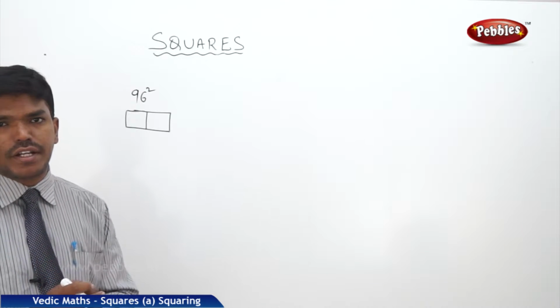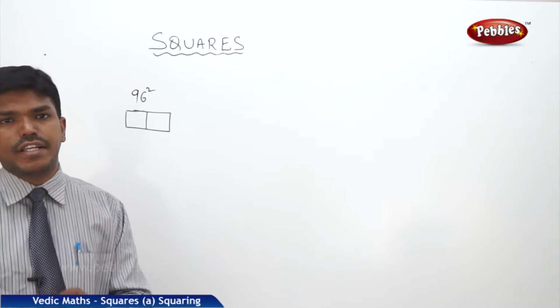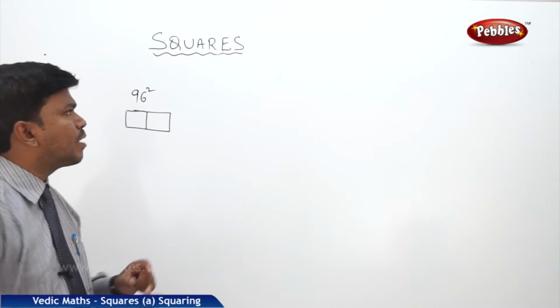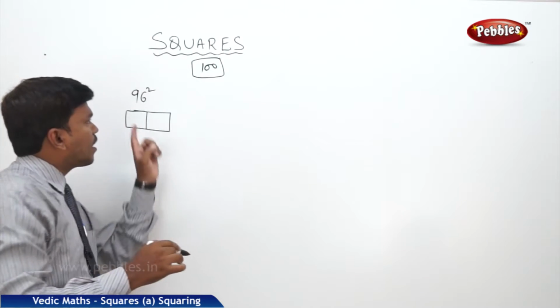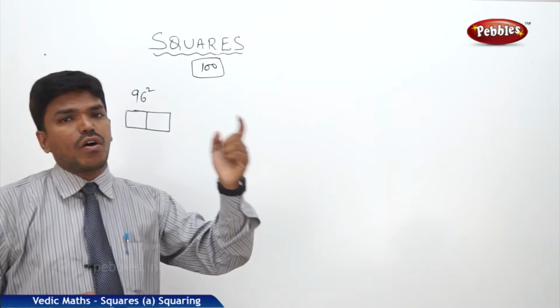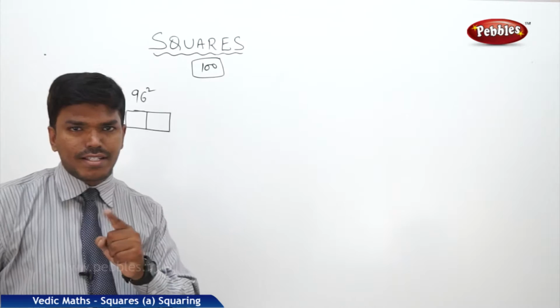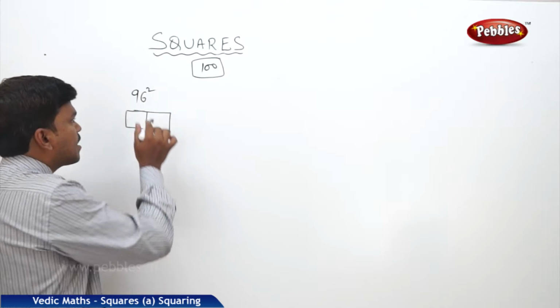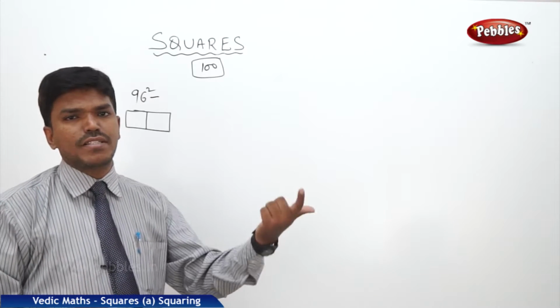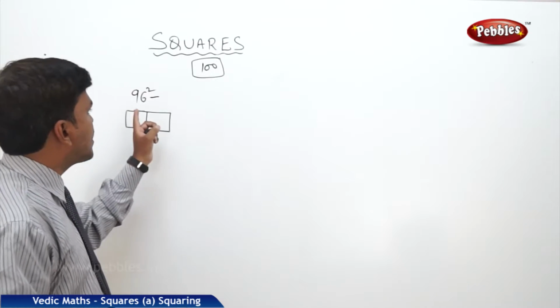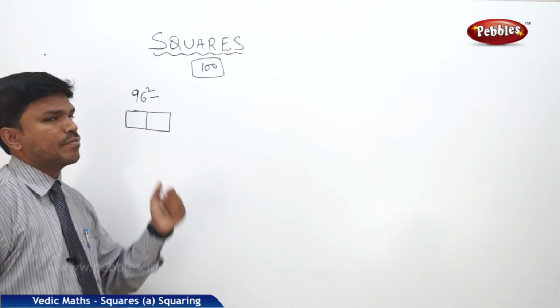Take the help of the base 100 here. Now you tell me, if I take the help of the base 100 here, 96, is it more than the 100 or less than the 100? Less than the 100. Yes, if it is less, put a minus symbol here. If it is more than the 100, put a plus symbol. That's it. So here 96 is less than 100, so put a minus symbol.